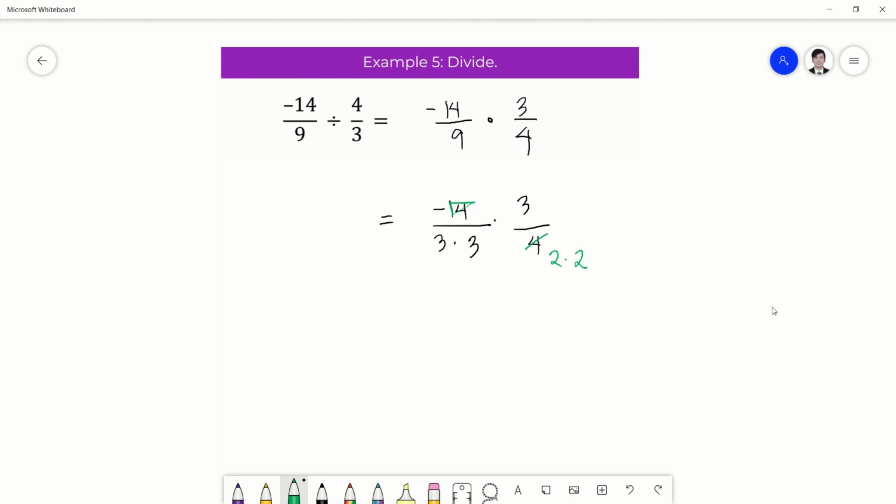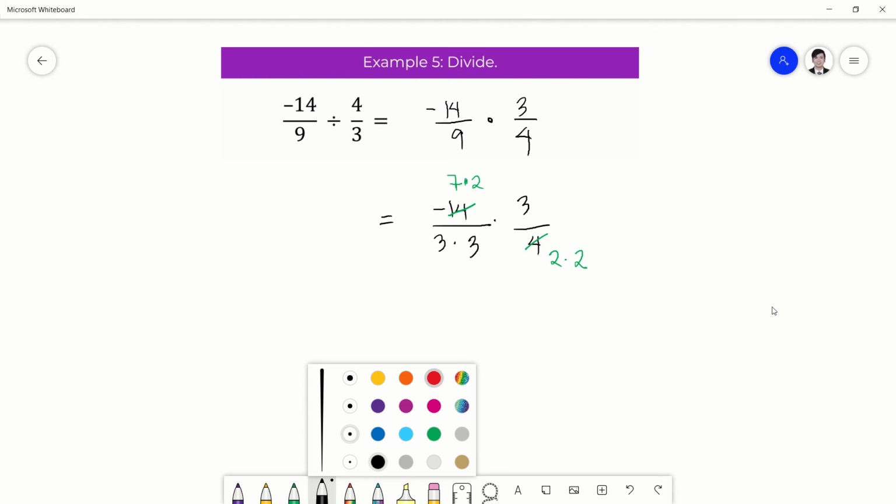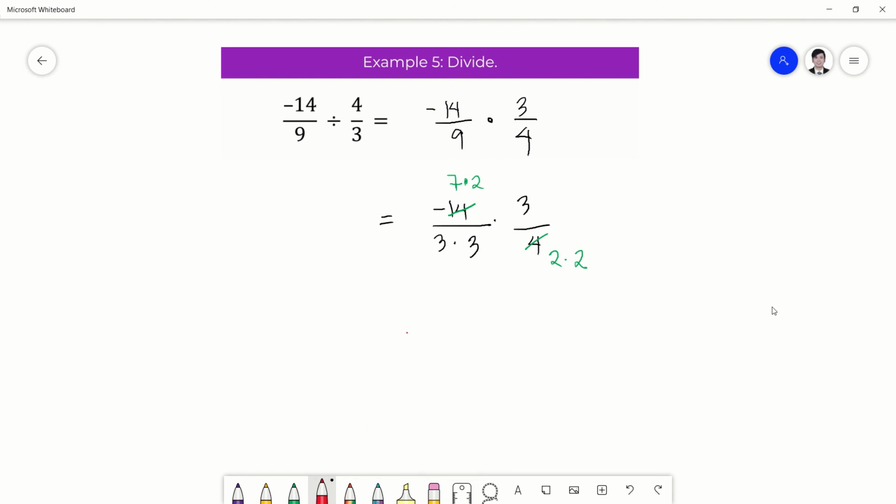Same with the 14, we can rewrite it as 7 times 2. So we cancel out the common factors of the numerator and denominator. And take note, the operation is multiplication, so we are allowed to do that. There's a 3 here in the numerator, and a 3 also in the denominator.